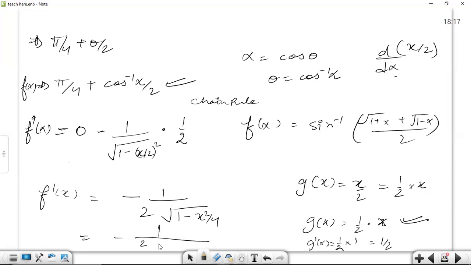Right. So taking LCM 4, it becomes 4 minus x square by 4, then the denominator 4 will become square root of 4 in the numerator. Square root of 4 is 2. So 2 will cancel 2.